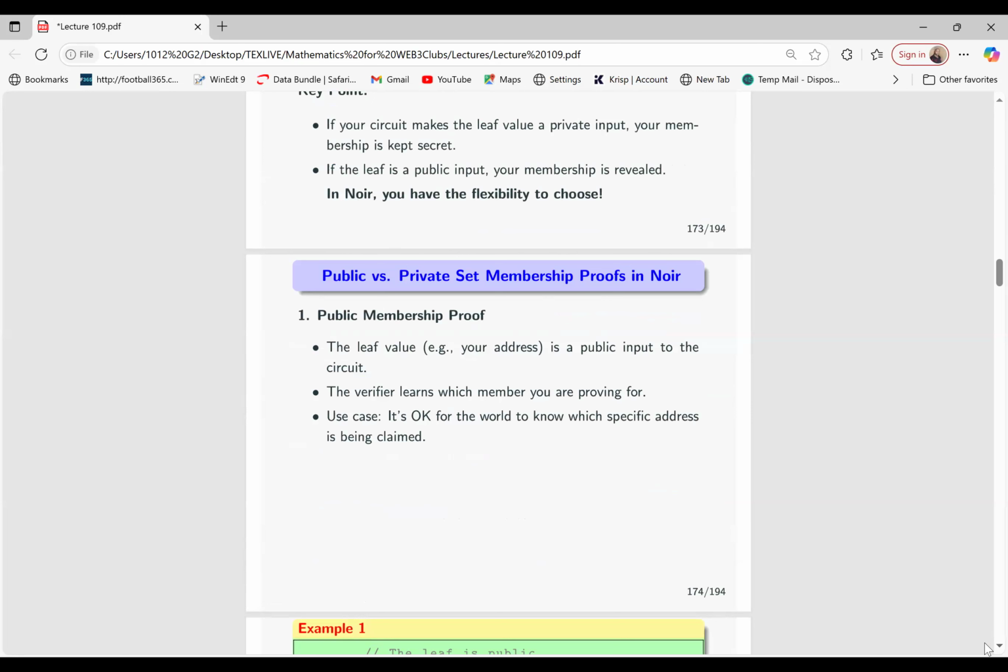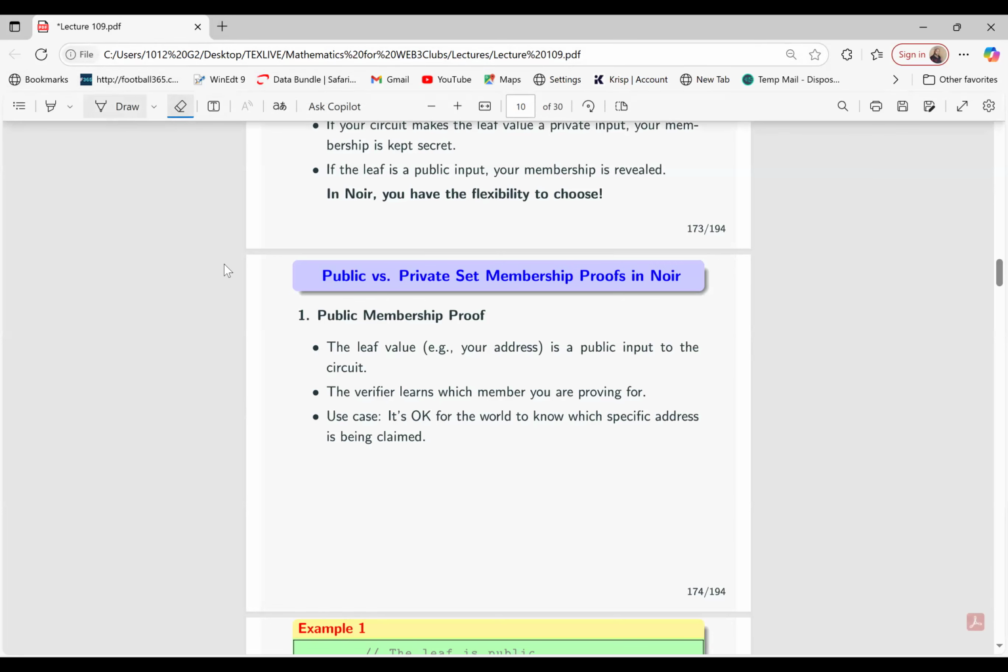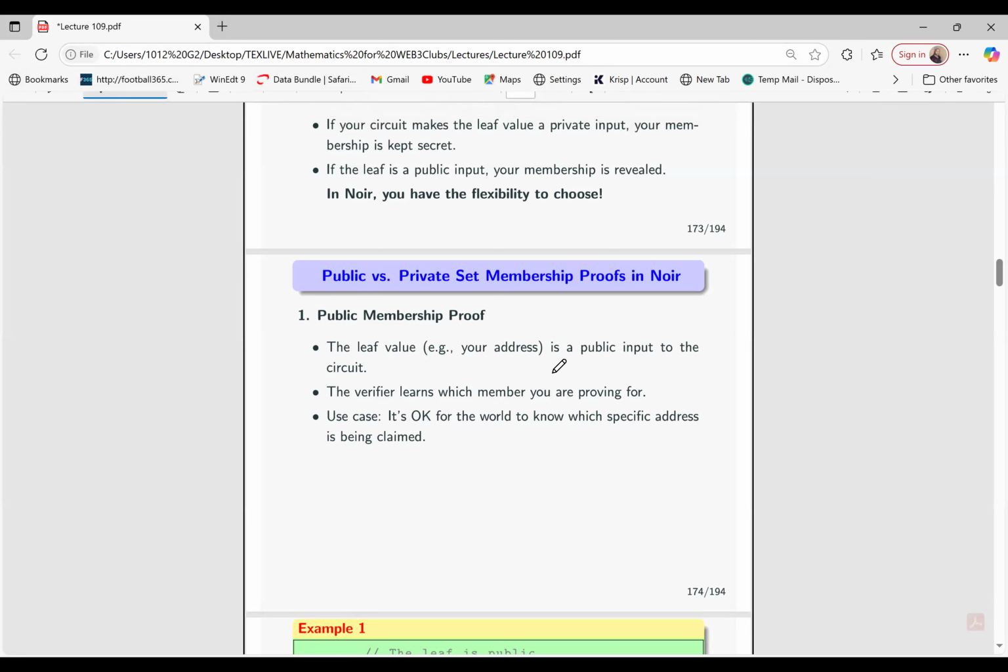But we are very much interested in the private bit because that is where our zero knowledge proof comes in, that we need to prove that a member is part of the set without revealing the set. And the member should not be known. So the member, which is the leaf, must be private. But let's begin with the public, of course.